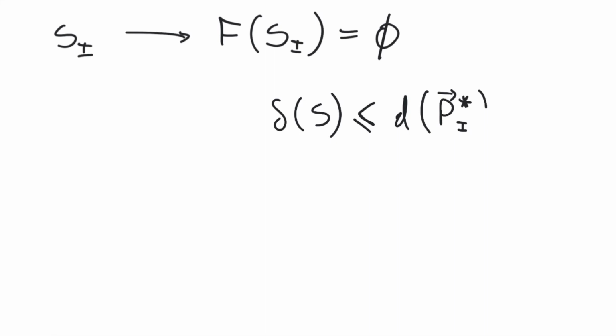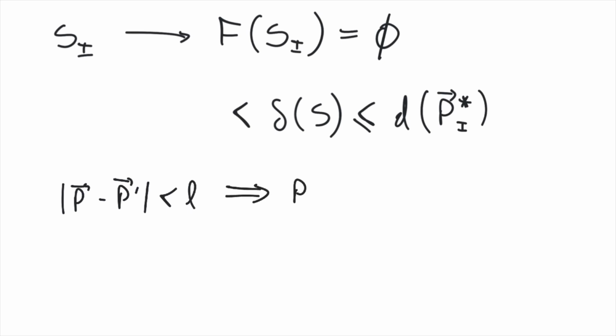Now, there is another bound on the other side that we can write. How do we find it? Again, we remember that if P and P prime are at a distance less than L, then P prime belongs to the neighborhood of P. However, we have found in the last step that there are no 2 points in the same neighborhood, because otherwise this wouldn't be the last step.